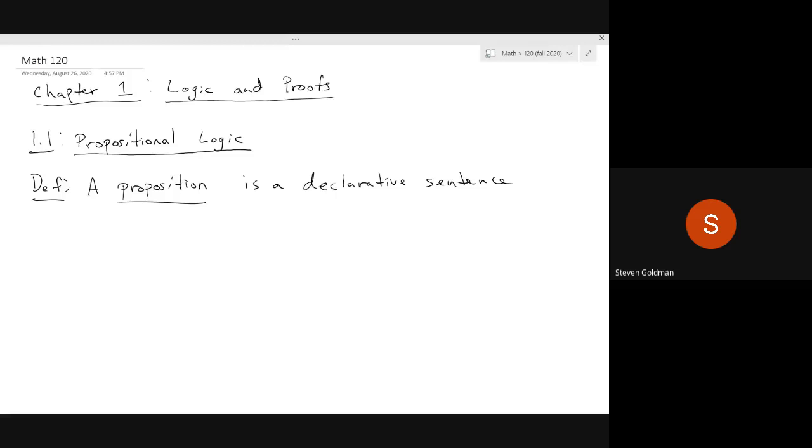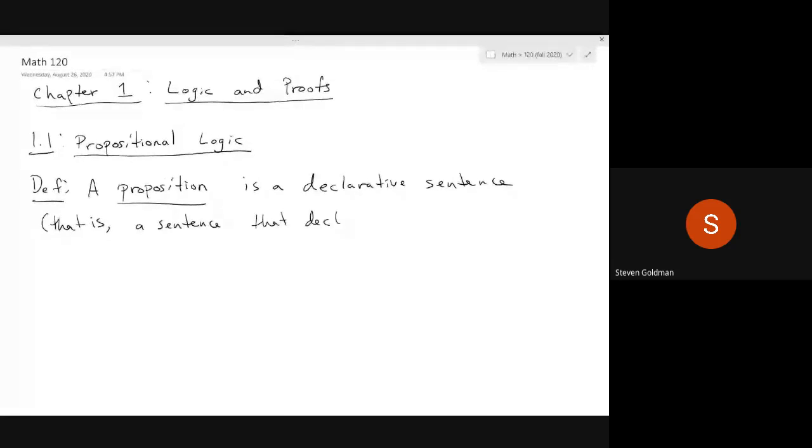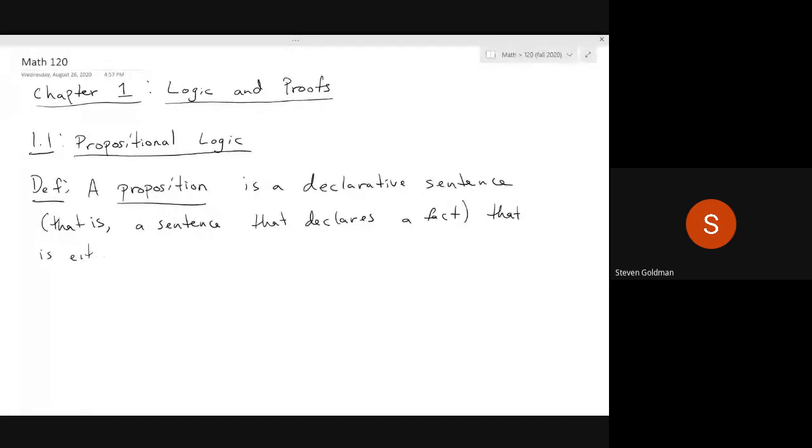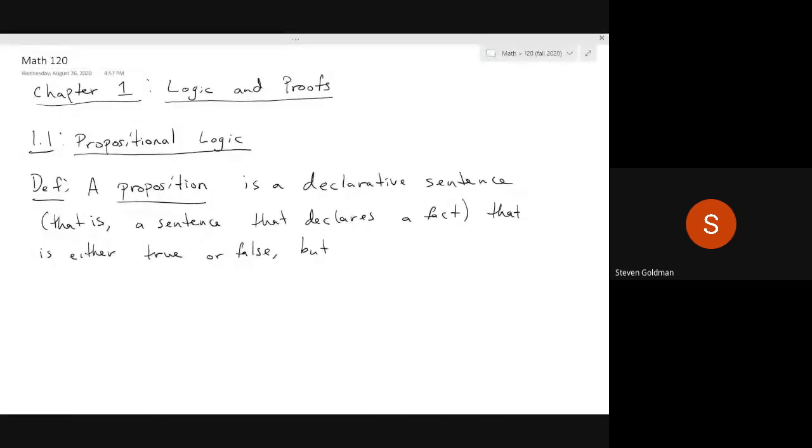Okay, that is a sentence that declares a fact that is either true or false, but not both. Okay, so a proposition is just a statement or a sentence that's declarative. It's declaring something as fact.